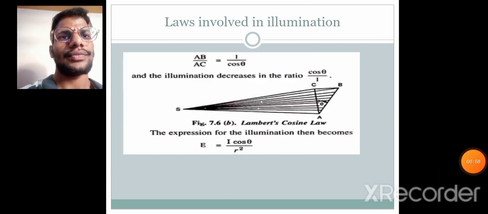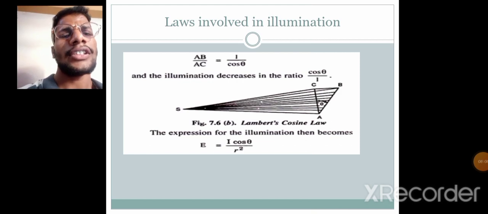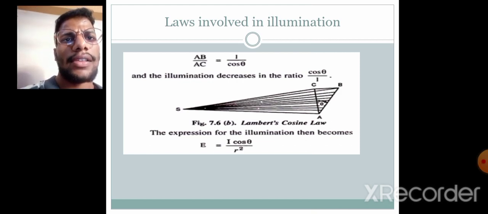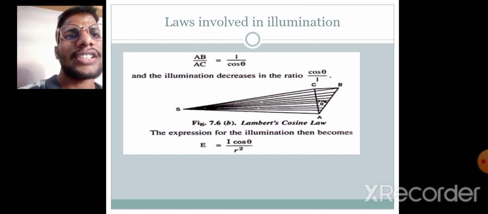And this is Lambert's cosine law, where in the figure the illumination decreases in the ratio cos theta by 1, and AB by AC equals 1 by cos theta. The expression for the illumination then becomes E equals I cos theta by R square.